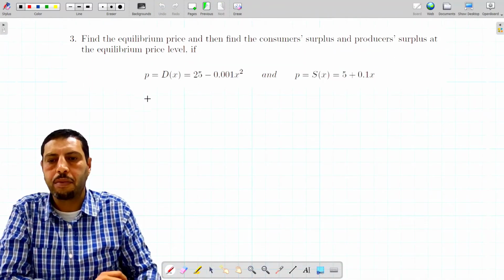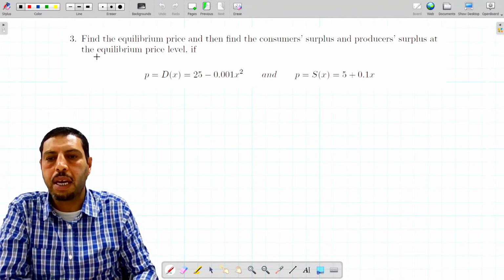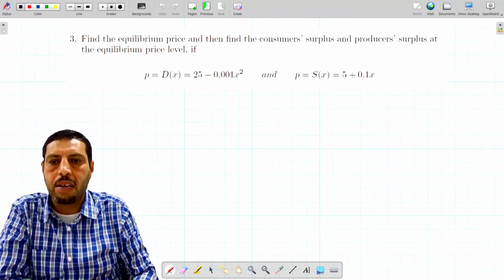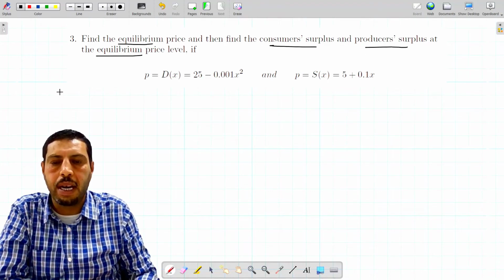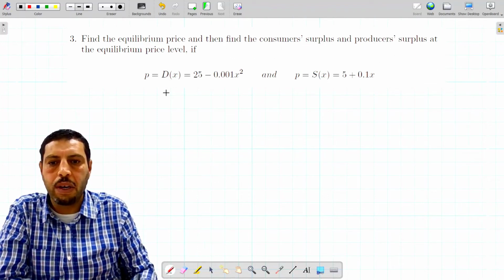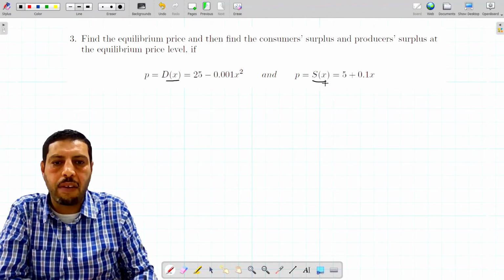Last question, which is a different question here because I didn't give a price level, but I said find the equilibrium price, and you're going to compute the consumer surplus and the producer surplus at the equilibrium price level. It means that first of all, we have to write the equality between d of x and s of x to get the equilibrium price.